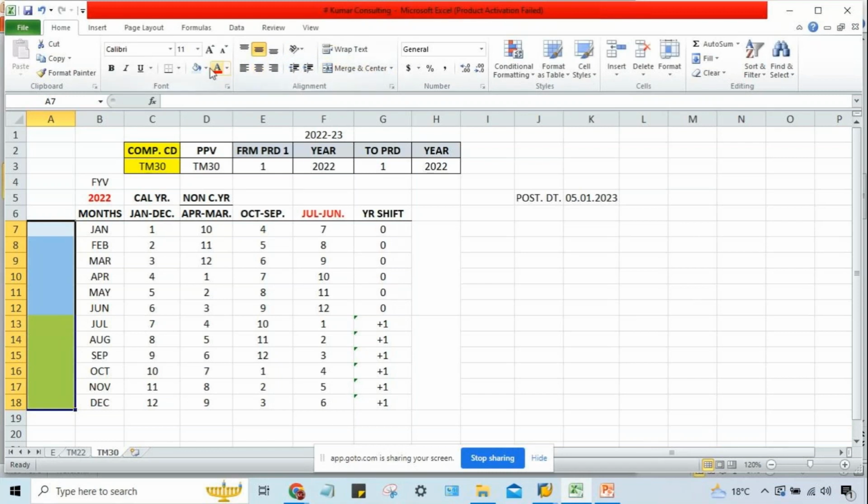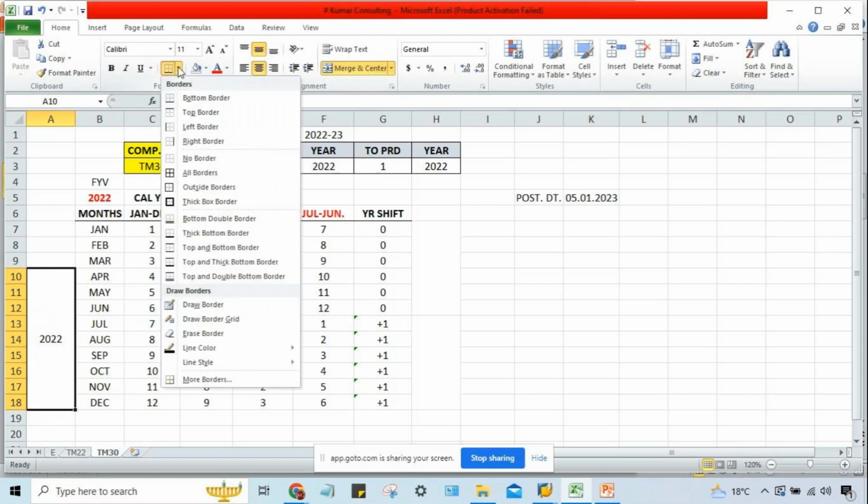April to March, very simple. April onwards, we are in calendar year 2022. So April onwards, a new year is going to start. It means 2022 is going to start from April onwards, right? So from here to here, in calendar year, we are in 2022 itself.